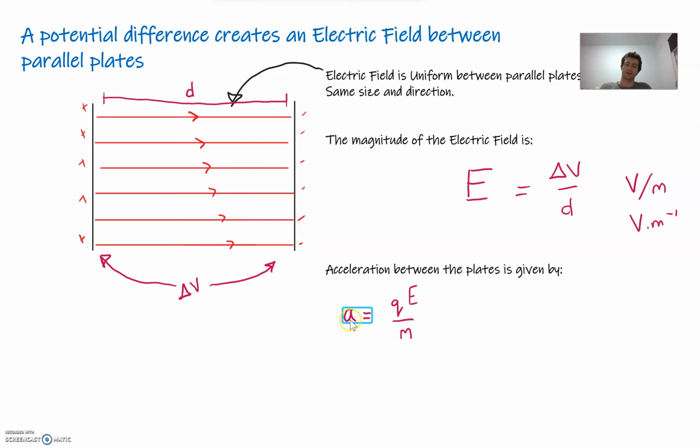Now, because the acceleration is directly proportional to the electric field strength, it means that the acceleration is also the same size and the same direction all the time for the particle that's in there, because it's proportional to the electric field strength.